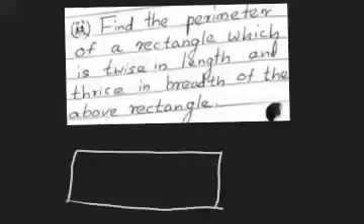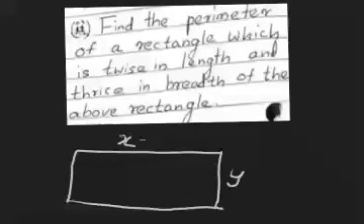We don't know the length of this rectangle, so we can put x. And also we don't know the breadth, so we can put y. We don't know, but they have given some clues.